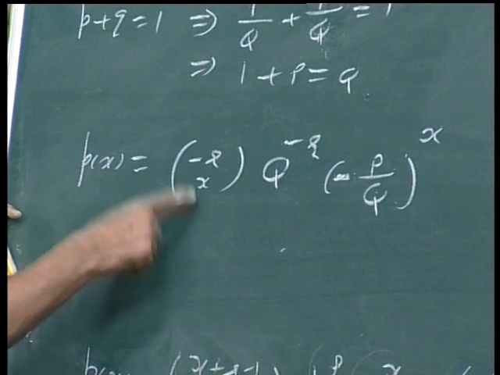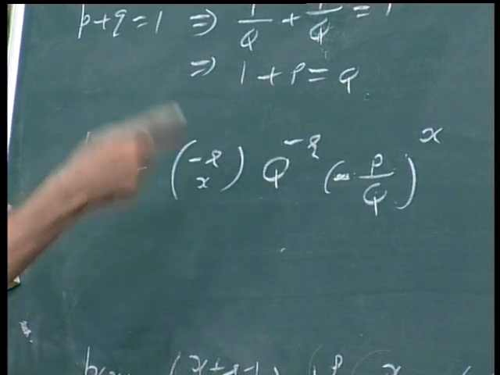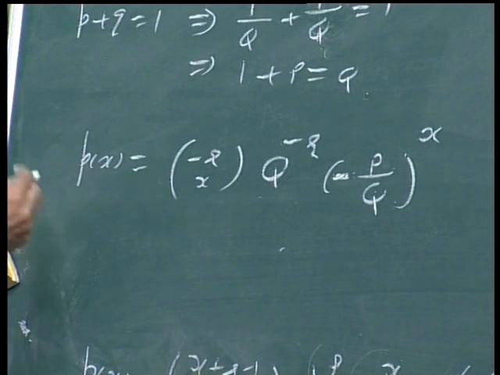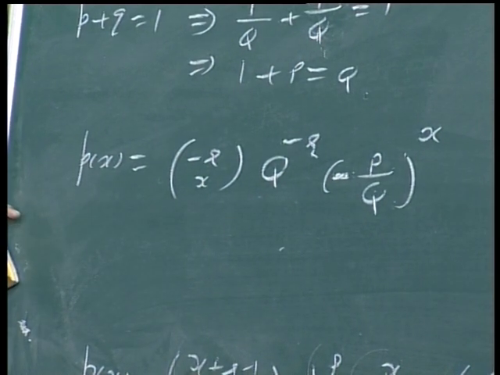So minus r C x, Q raised to minus r, minus P upon Q raised to x is another form of the negative binomial distribution probability function.